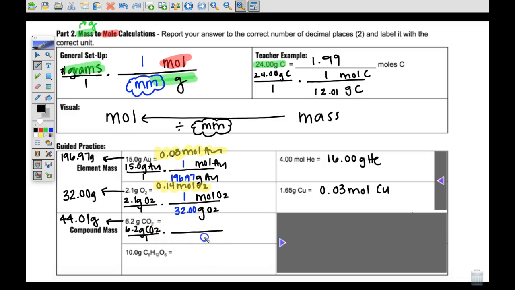I'm going to pull my old unit down, which is grams of CO2, and I'll have my new unit on top, which is moles of CO2. Now I need to place my numbers based on the relationship. So for every 1 mole of CO2, there's 44.01 grams. After completing the division, I determined that I have 0.14 moles of CO2.